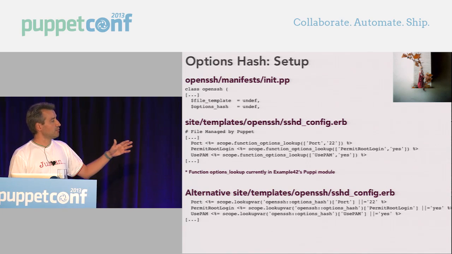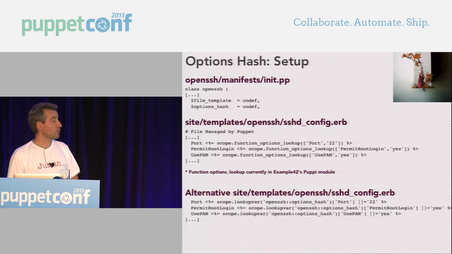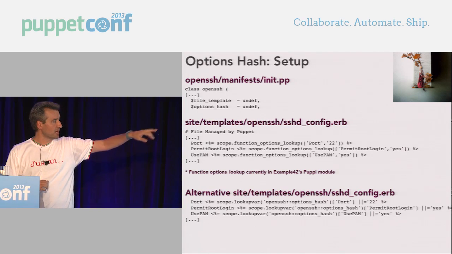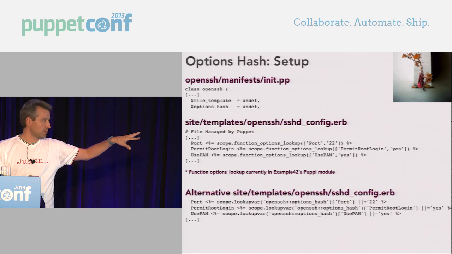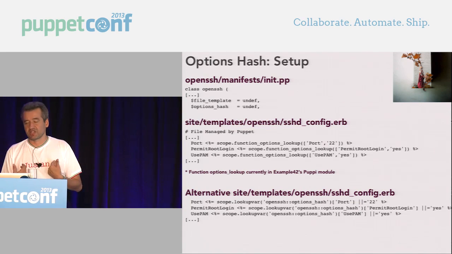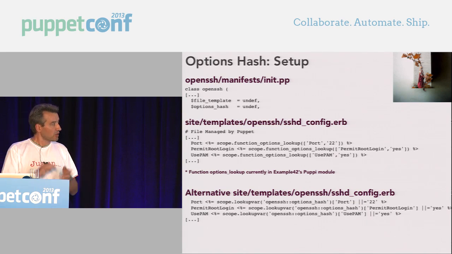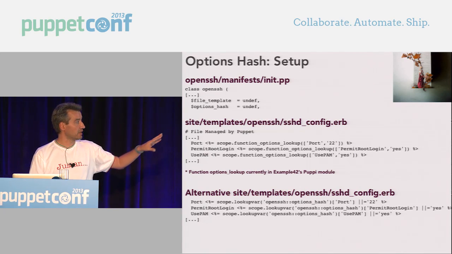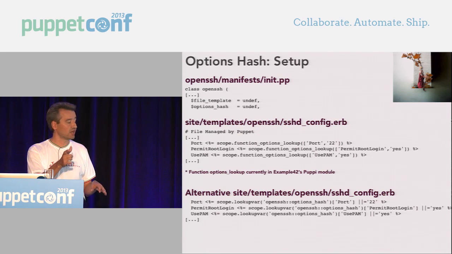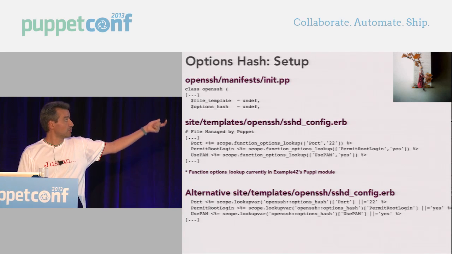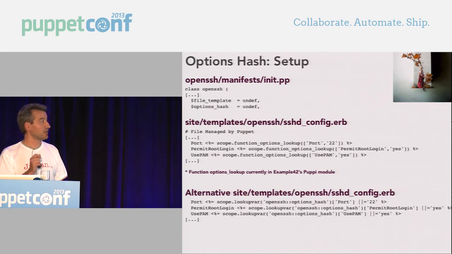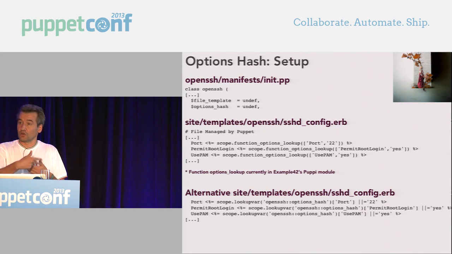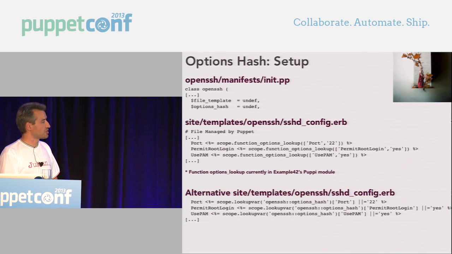And this hash can be used in an ERB template with this function, options lookup, which is something that is included in my own set of modules, and maybe it would be nice to have it in the standard lib: a function that looks for the key of an option in the options hash and provides a default value if no explicit option is set.